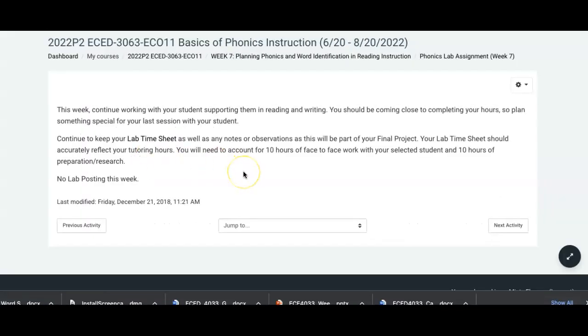Lab assignment for this week. You're continuing to read and write with your student. You should be almost finished with your hours face-to-face with the student if you already aren't. Remember, it's 10 hours face-to-face and 10 hours of prep and research.